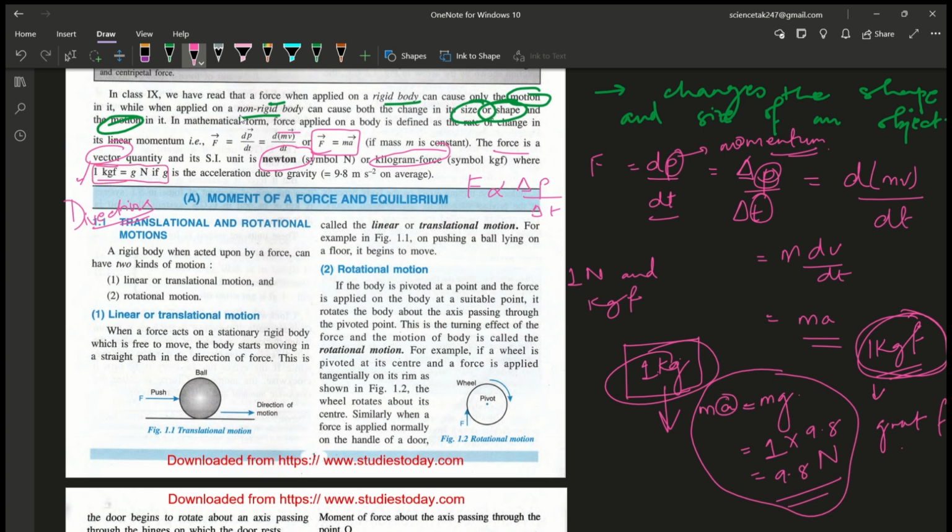Now we haven't started the chapter so far, as in not the exact chapter. So I'd request you that as I go along with the chapter, I'll be marking the keywords. You mark the keywords.